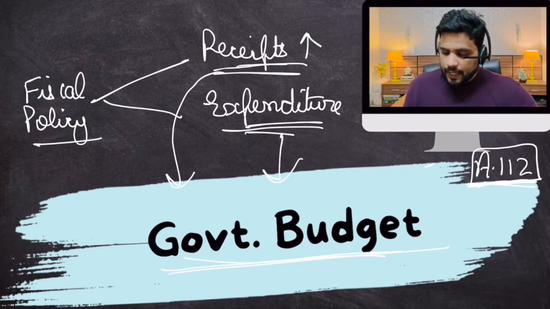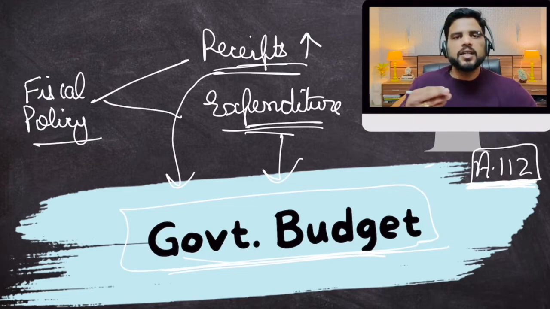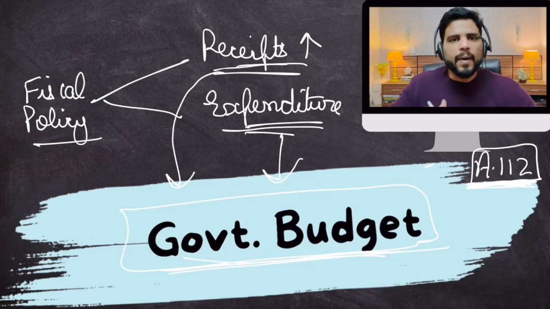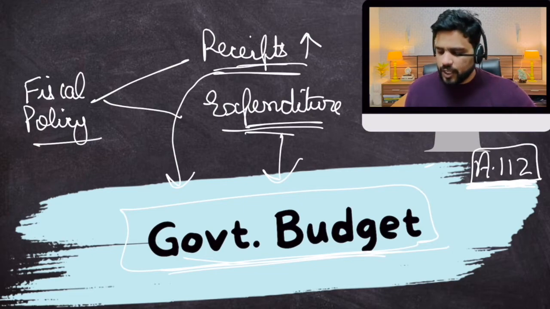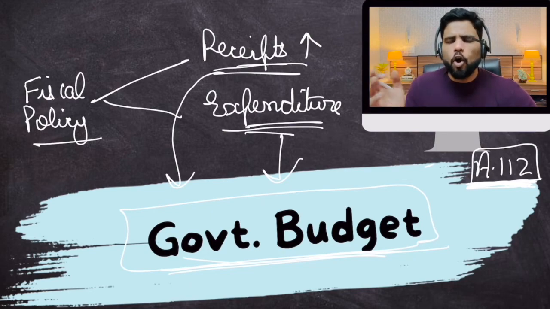Okay. Now, the thing is that it is a constitutional duty, but constitution has mentioned some other things also with respect to the format of the budget. Okay. But before we discuss the format of the budget, let me tell you that the constitution does not use the word budget. Okay. Budget is the term used by all of us.